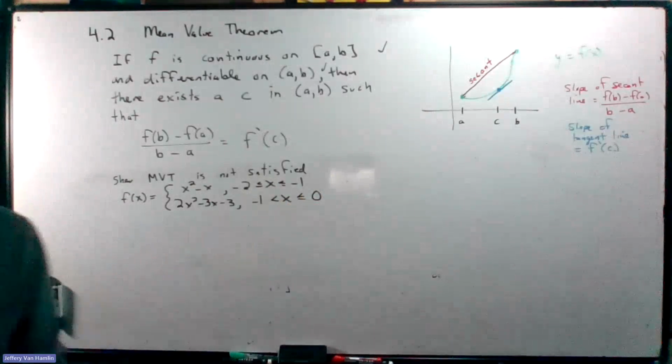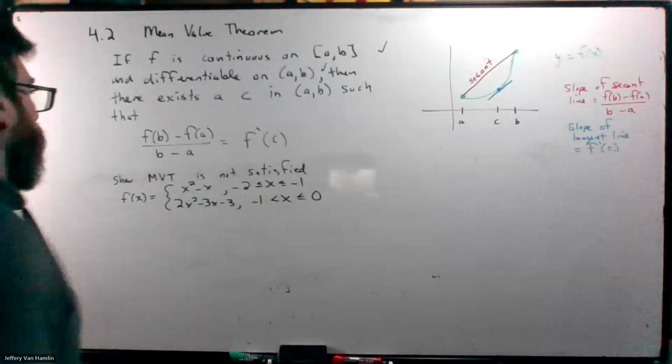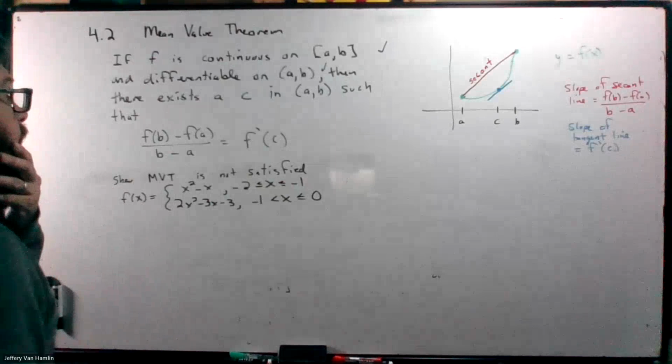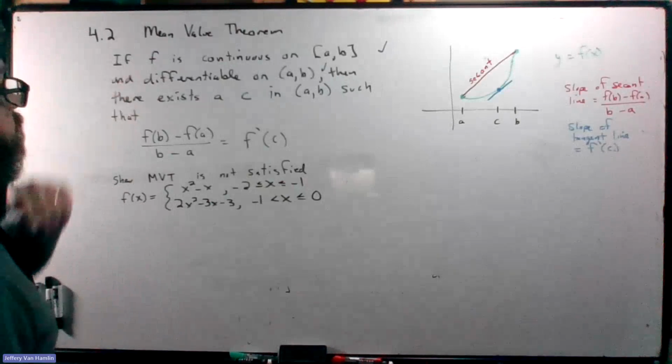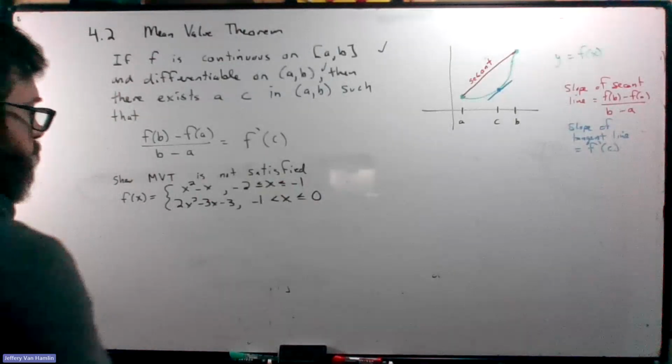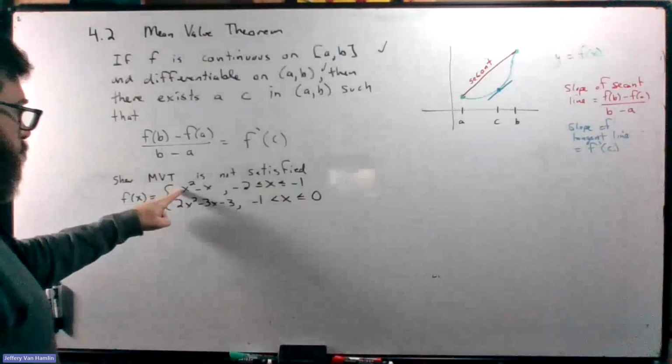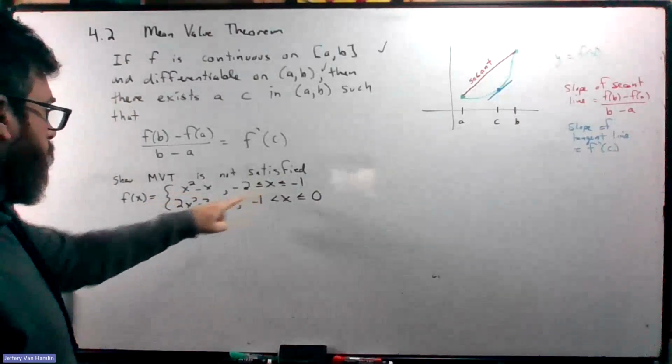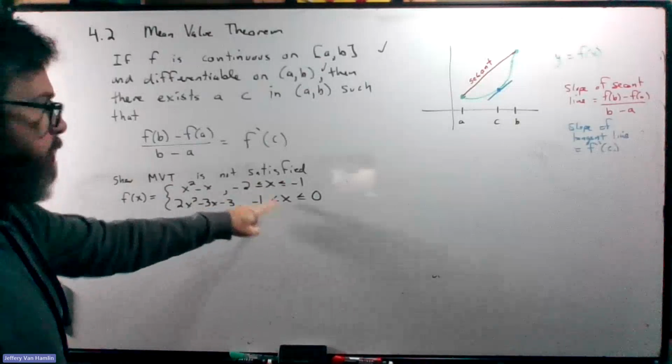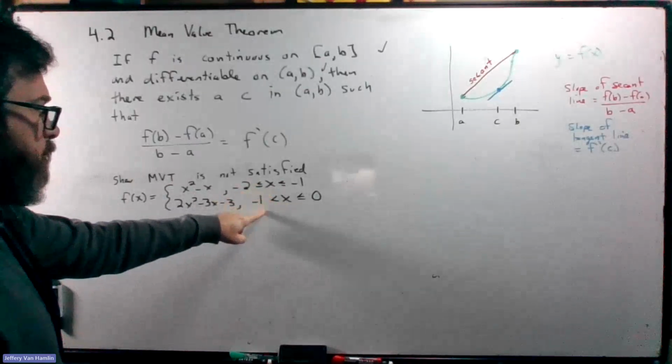To 0. Okay, so I think it is continuous on the closed interval, but I doubt it's differentiable. So what I know is that it's this quadratic from -2 to -1, and this quadratic from -1 to 0.